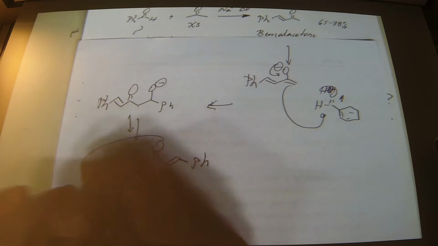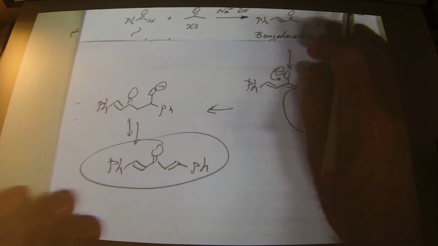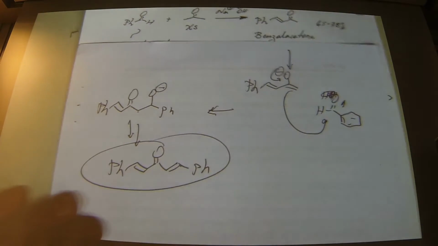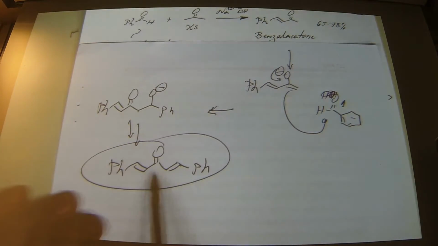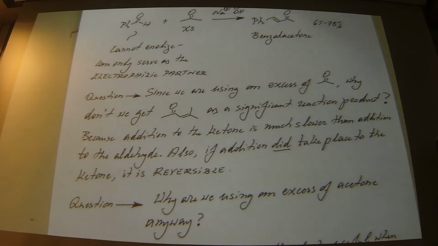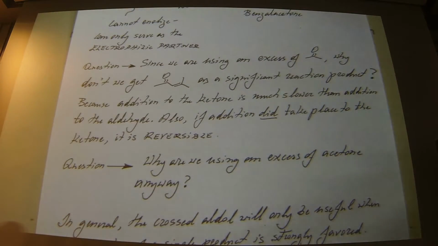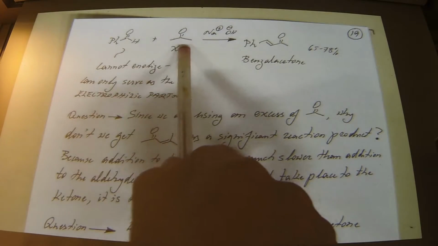So let's just cut to the chase here. You're going to end up with a nice yellow compound, this stuff here, which is dibenzyl acetone, not benzyl acetone. And so if you don't use an excess of the acetone, that's what you get. That was the other experiment that the undergraduate lab used to do. So you can suppress that dibenzyl acetone just by using an excess of acetone.